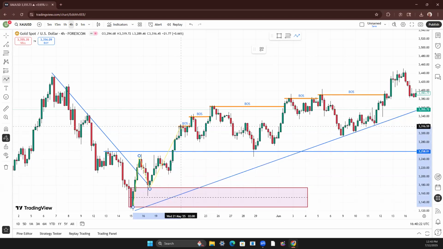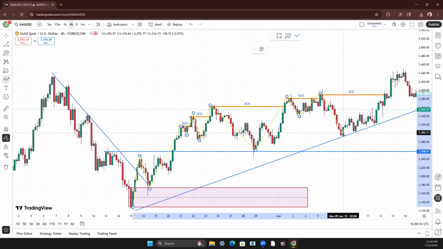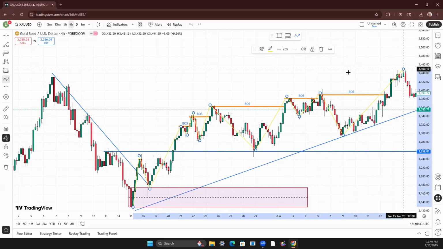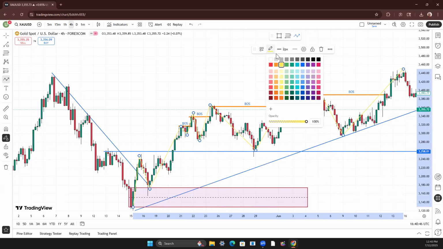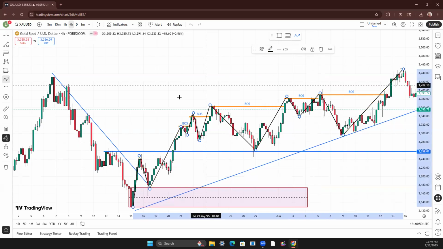We're going to go to every break of structure, BOS, that we've actually created on here. So that's the path, right?